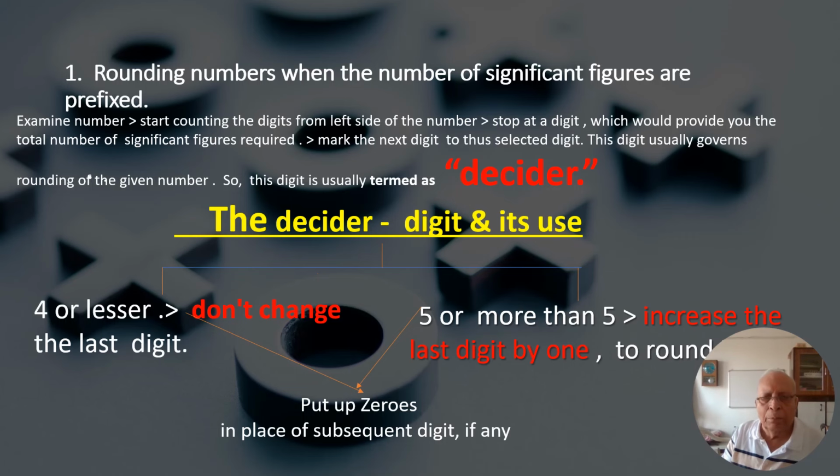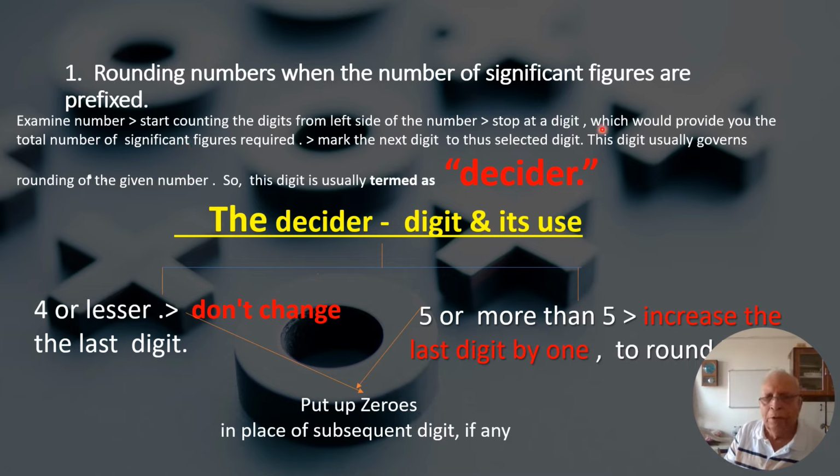Now, the other method is also there. That is rounding numbers when the number of significant figures is fixed. We know that we have fixed the total number of significant figures. It may be 1, it may be 2, it may be any number which you can fix. So the number has to be examined. Start counting the digits from the left hand side of the number.